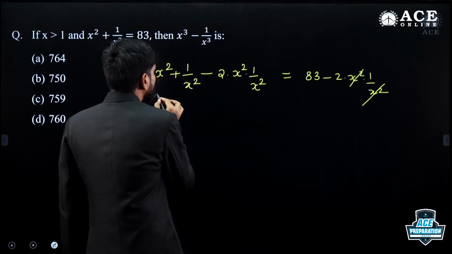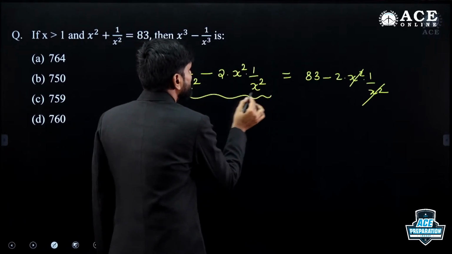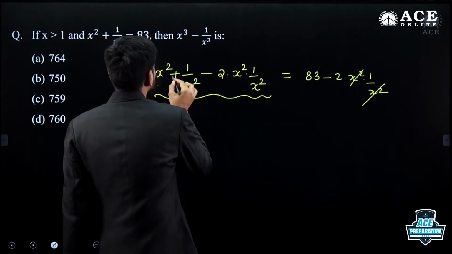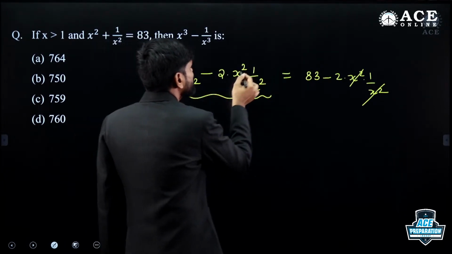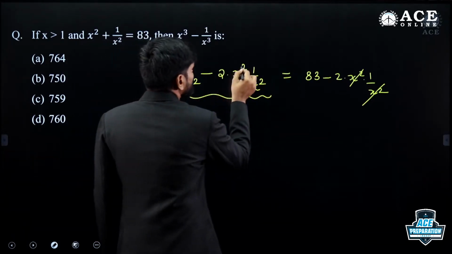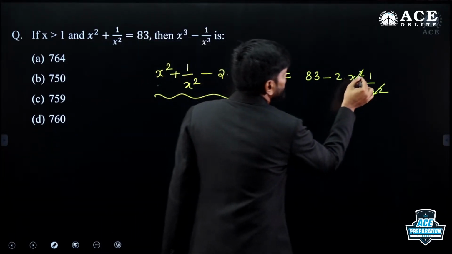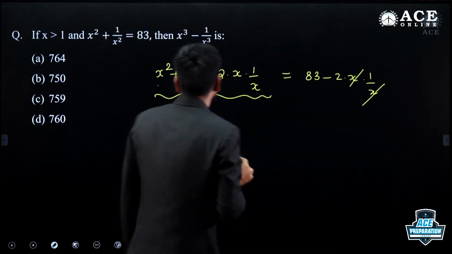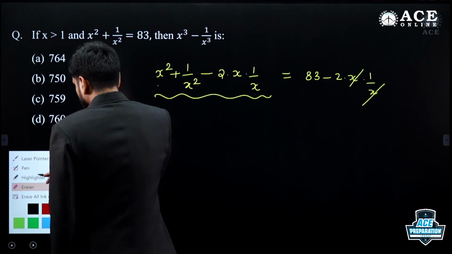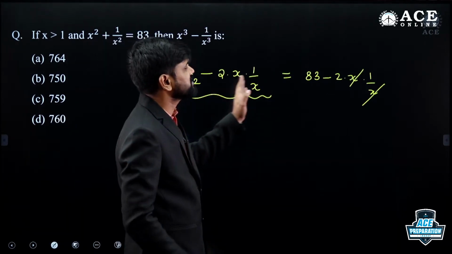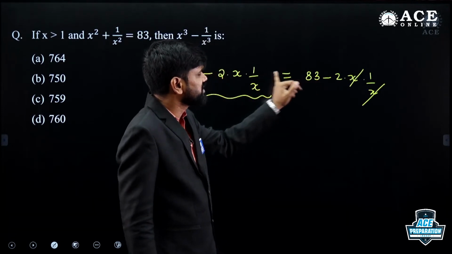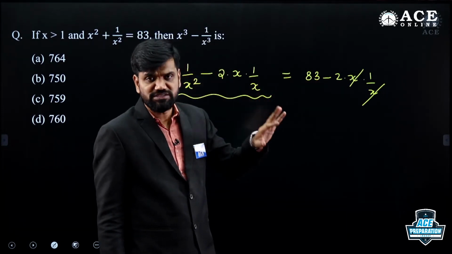It is looking like a square plus b square plus 2ab, so don't take x square, just take x and 1 by x. So here a square plus b square minus 2ab. Left side I am taking minus 2ab, right side also minus 2ab, so that when I am adding the same number on both sides of equality, equality remains as it is.